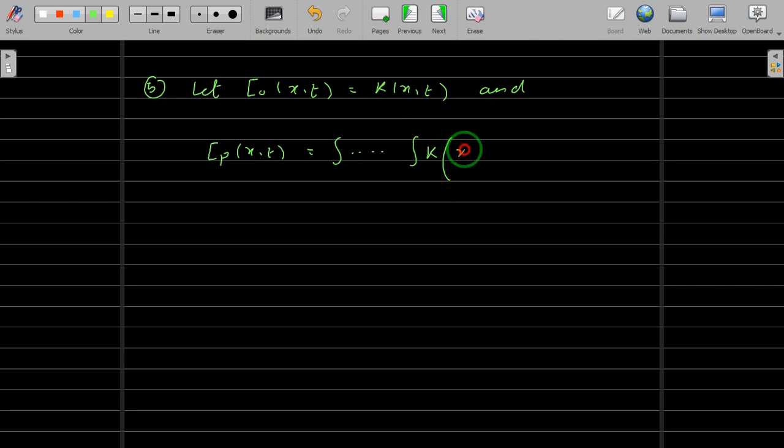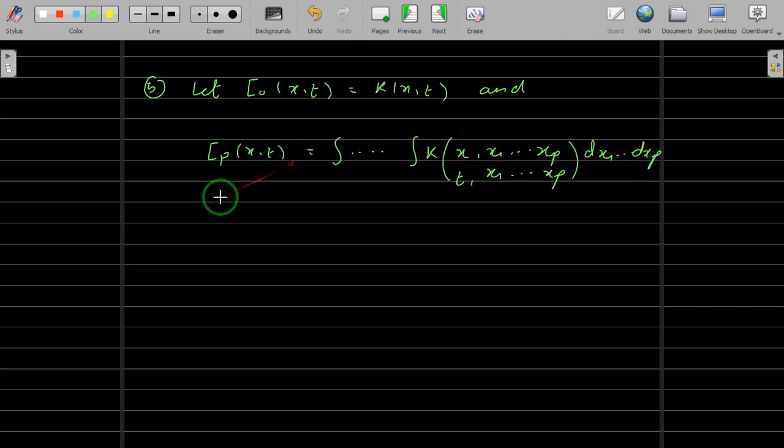You start from x, x1, ..., xp; t, x1, ..., xp, and then p integrals, dx1 up to dxp.